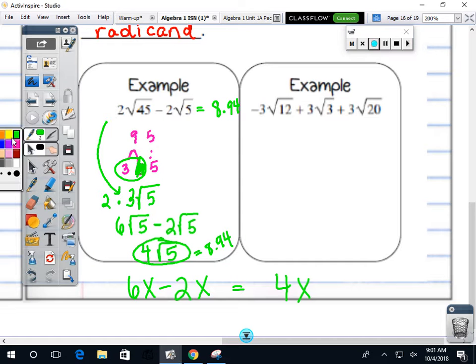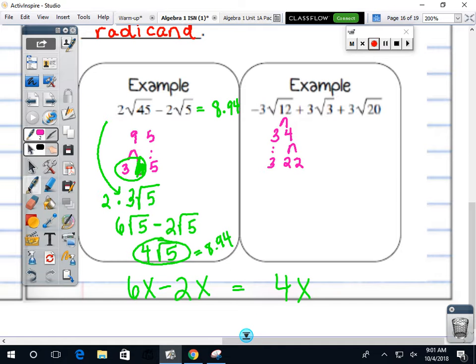What radicals can be simplified in this case? Which ones can be simplified? 20 and 12. So let's start with 12. What are some numbers that multiply to make 12? 3 and 4. And then 3 is prime, so it just drops. 4 can be broken down into 2 times 2.